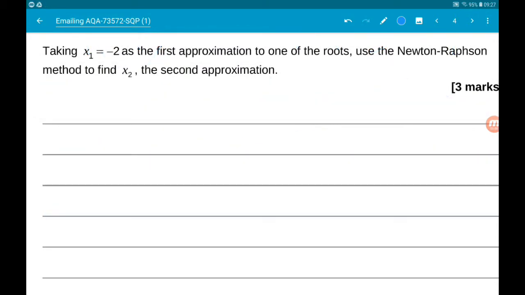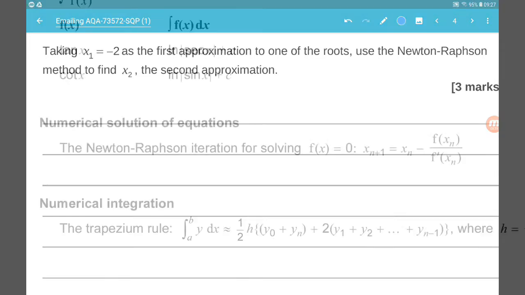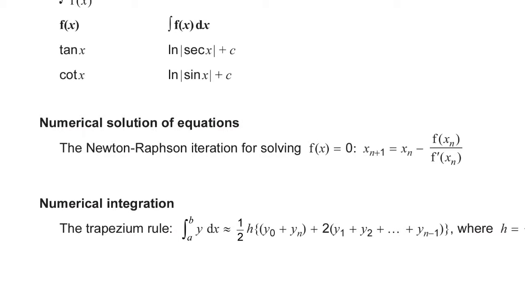Okay, now for part B, using x1 equals minus 2 as the first approximation to one of the roots, use the Newton-Raphson method to find x2, the second approximation to the root. So we are given Newton-Raphson in the formula booklet, should be on screen.